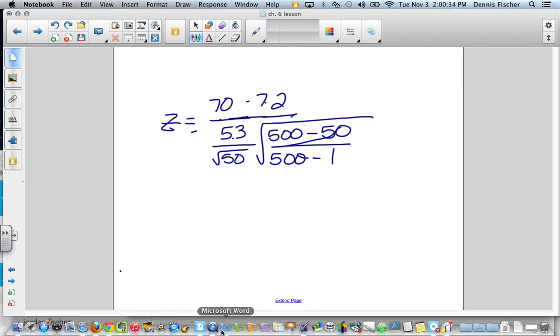So I got 5.3 divided by, I'm just going to do the bottom first, the square root of 50. Then I'm going to take the square root of a fraction, 500 minus 50 over 500 minus 1. Then I'm going to multiply those two together.